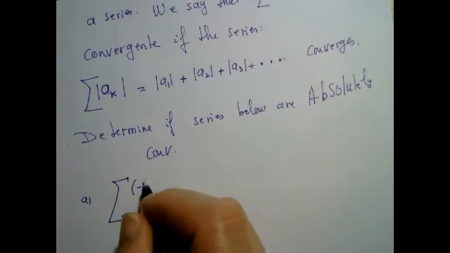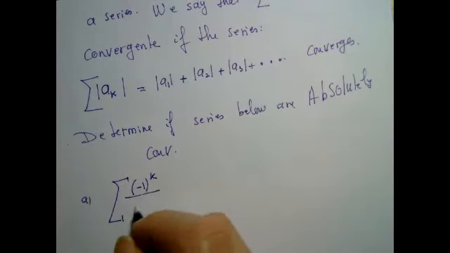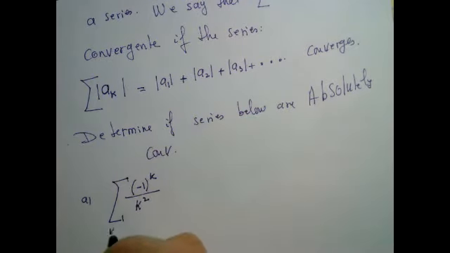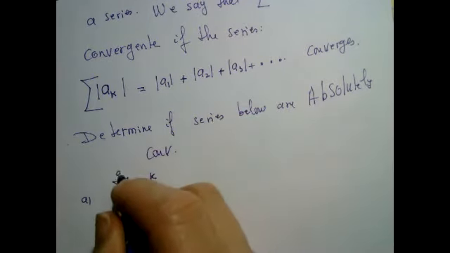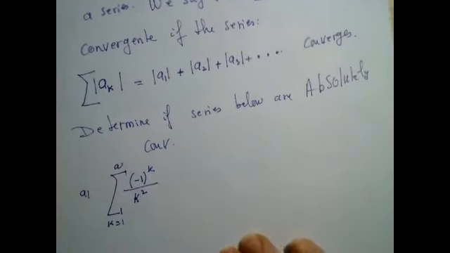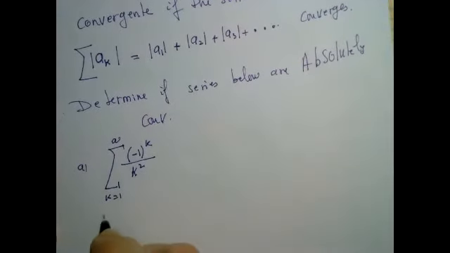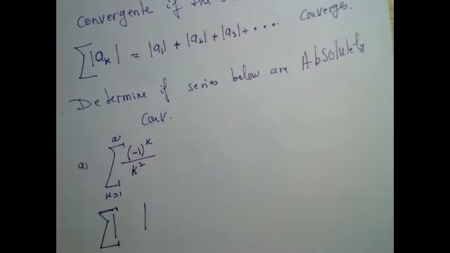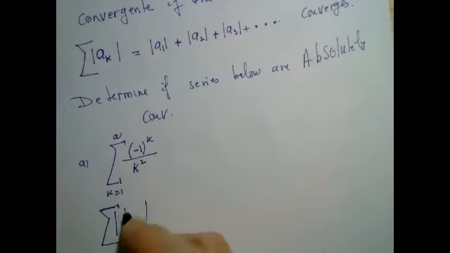All right. So example, suppose I take the following series: sigma, let us say, -1 to the k over k squared. Okay, is it absolutely convergent? What does this mean? It means I'm going to take the series and put absolute value around the term. That's the series I'm going to look at, to infinity.